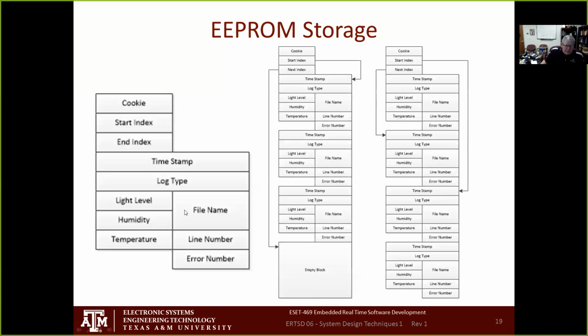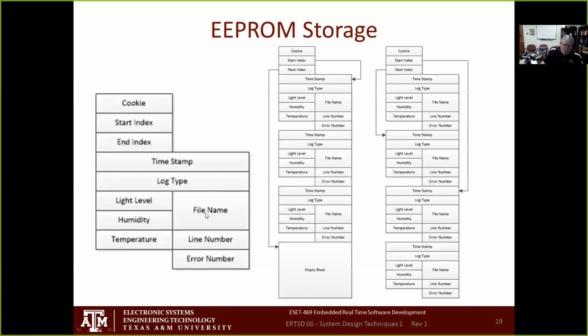So let's talk a little bit about the kind of information that I put in here. And file name. So maybe these are just bytes or words or something. Think of this as a union. Depending on what log type says, it's either this information or that information. One of the things we can do is create macros when we're creating error messages that have a file name and the line number and then some sort of an error number associated with things.